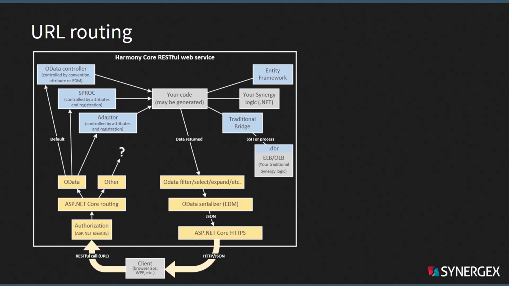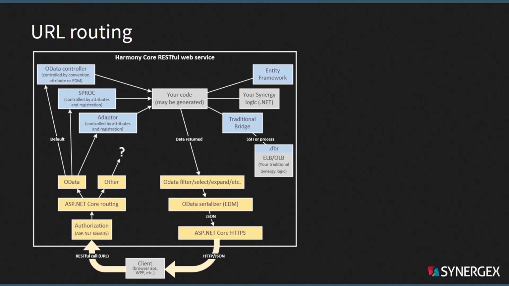So next on our web services journey through routing is your code. Might be generated. That code is either going to go out to Entity Framework, EF Core, either your logic directly running in .NET, or traditional bridge.